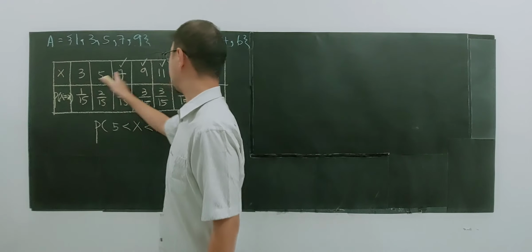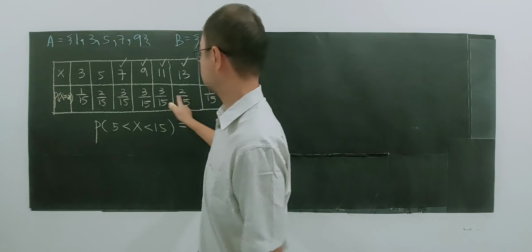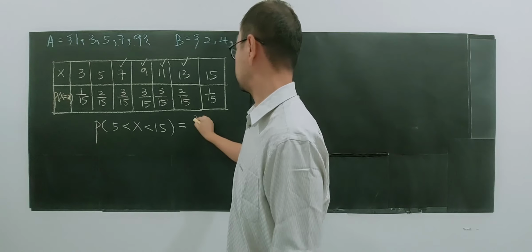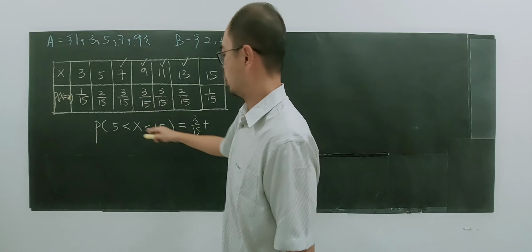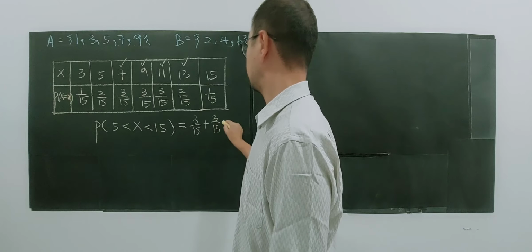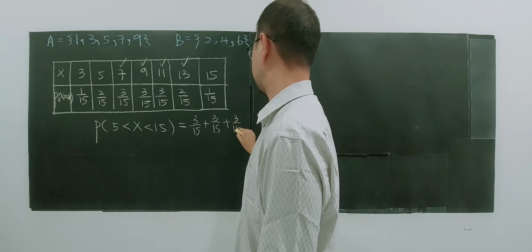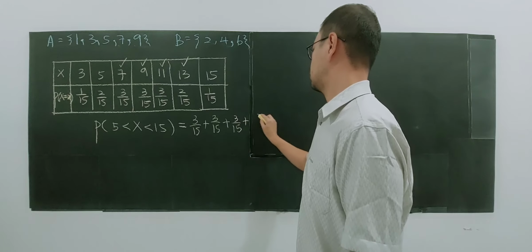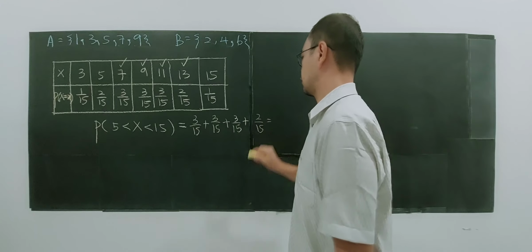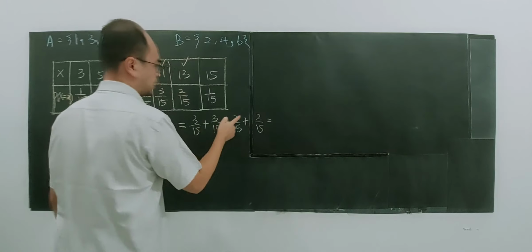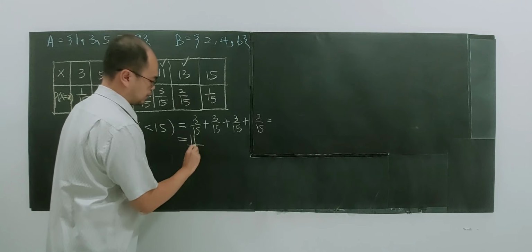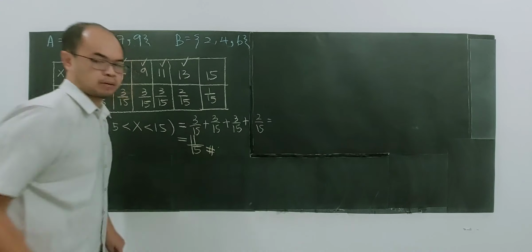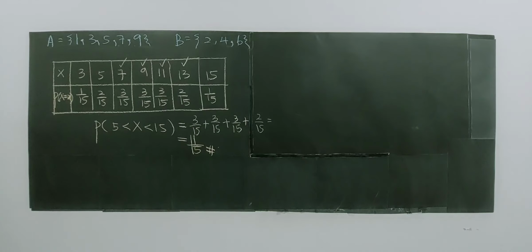So we just add up all the probabilities here: 3 over 15 plus 3 over 15 plus 3 over 15 plus 2 over 15. 3 plus 3 plus 3 is 9, 9 plus 2, you have 11 over 15. So this is the probability required by question 4b.